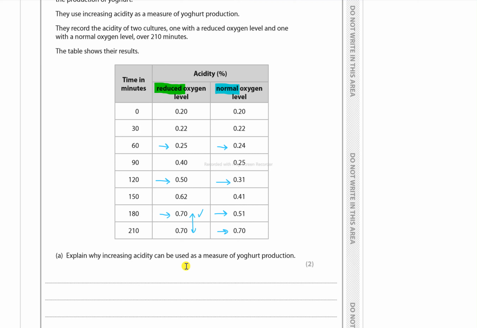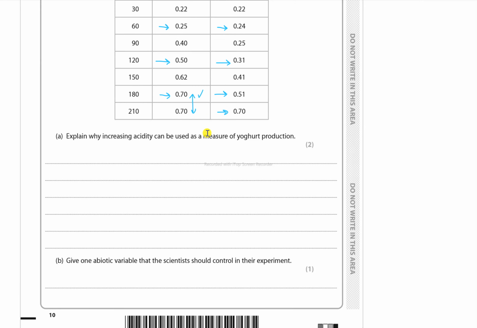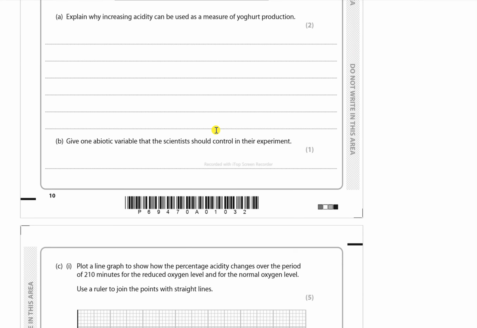Explain why the increasing acidity can be used as a measure of yogurt production. Right, that's because the respiration produces lactic acid. Right, we can say anaerobic respiration by lactobacillus, or by the bacteria we put in.